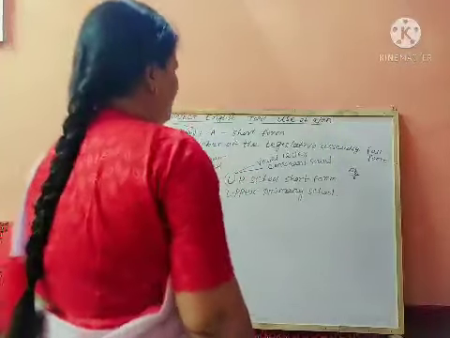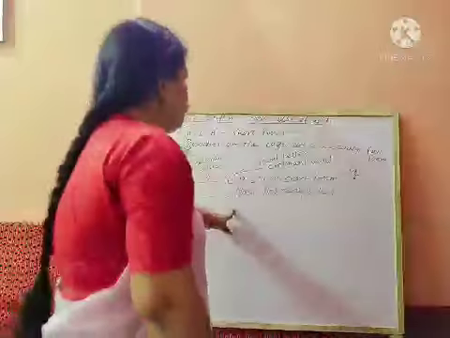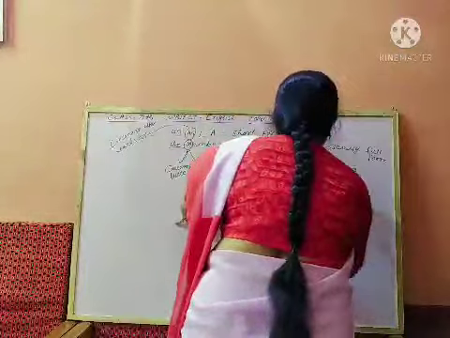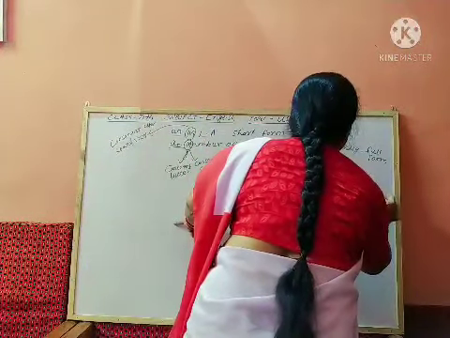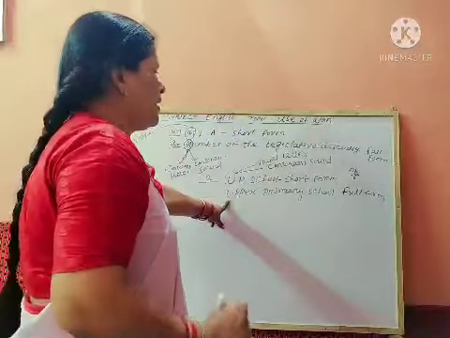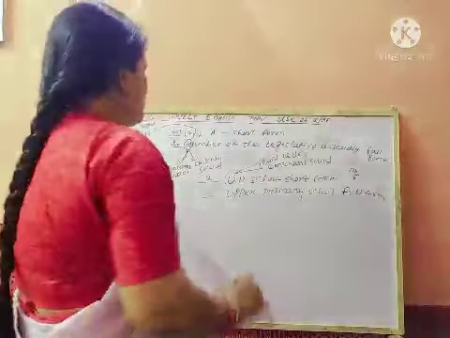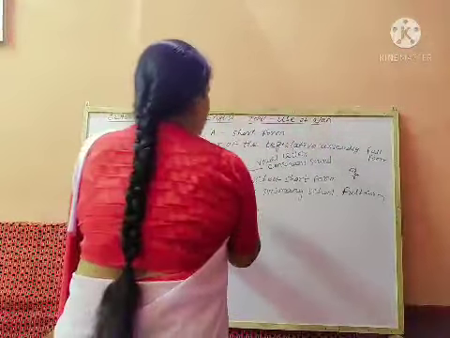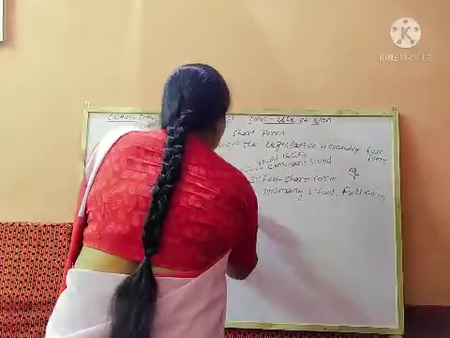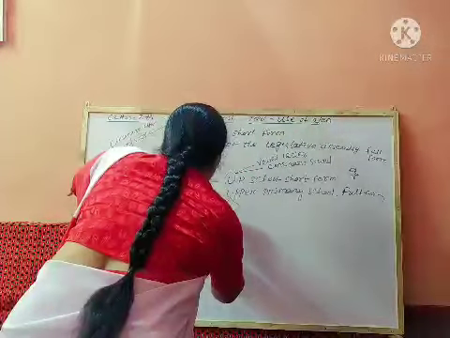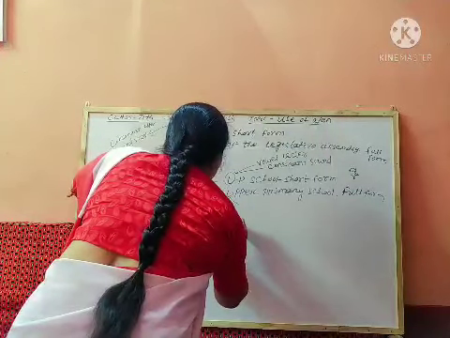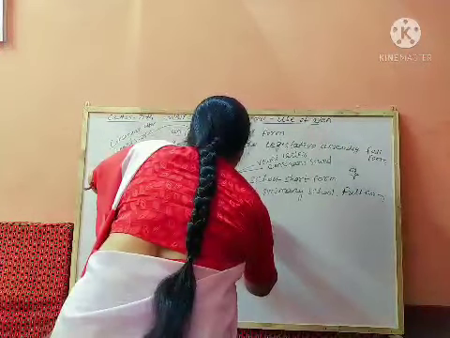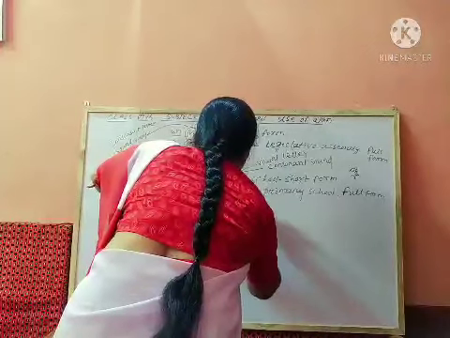UP school, but the full form is upper primary school. Upper: U is the vowel letter and the sound is a vowel sound.